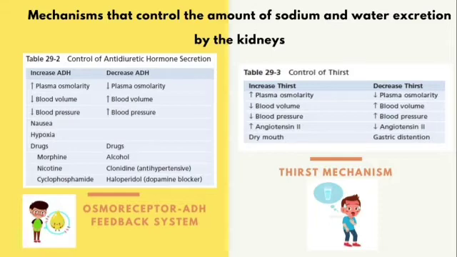This decrease of BP and blood volume will increase the levels of angiotensin II in the blood, and this angiotensin II will have a stimulating effect, thereby increasing thirst as well. Your dry mouth and the mucous membrane of your esophagus also increase thirst. Decreasing thirst is the opposite of that increasing stimulus, with the addition of gastric distension.